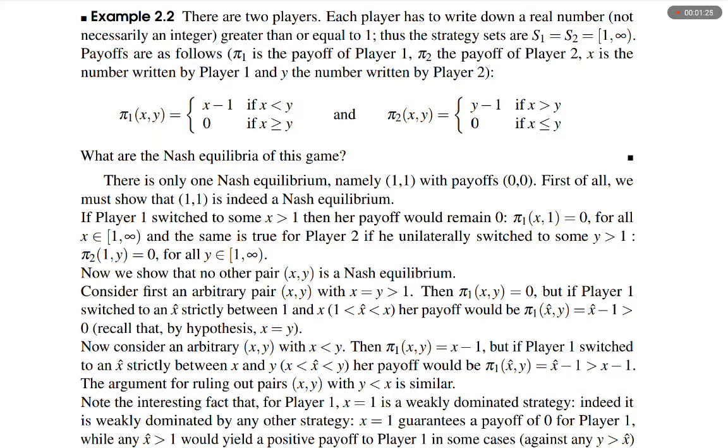π1(x, y) equals x − 1 if x < y, and 0 if x ≥ y. And π2(x, y) equals y − 1 if x > y, and 0 if x ≤ y.